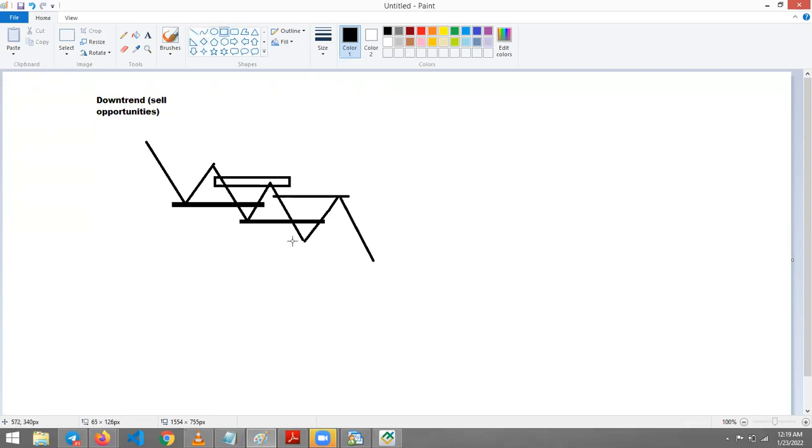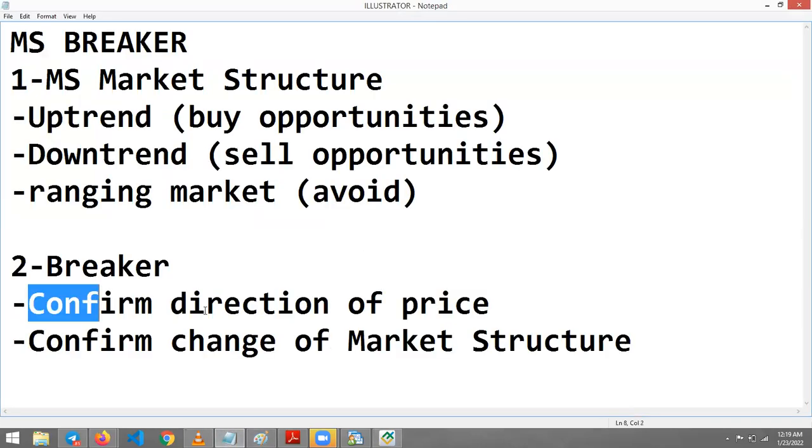Same thing here, we have a breaker, right? Whenever price breaks a level, it will confirm to you a retracement and then the direction. I think I've explained that aspect clearly. So the breaker helps us confirm the direction of price. Very important. I want you to take note of that.